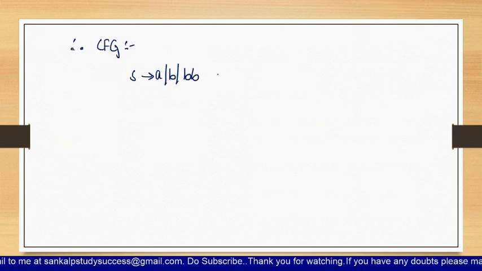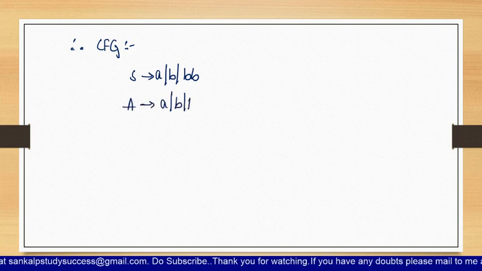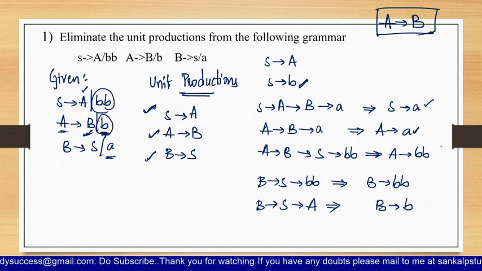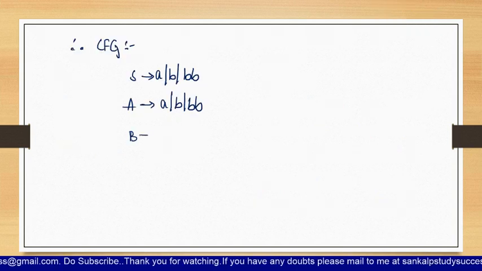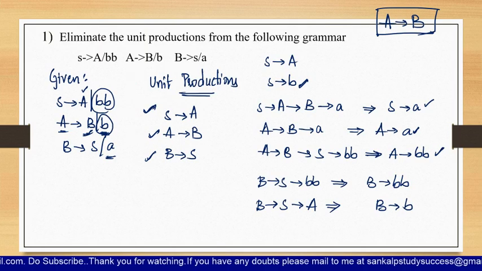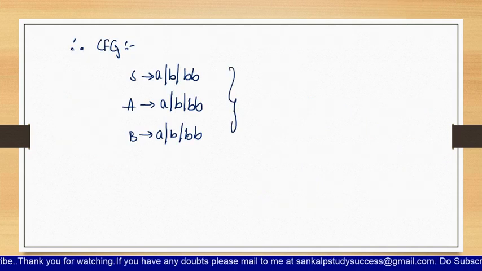Now again, capital A tends to a, b or BB. Now, capital B tends to a, b or BB. If you carefully observe here, it is already a, b and BB. So that means this is the reduced context-free grammar.